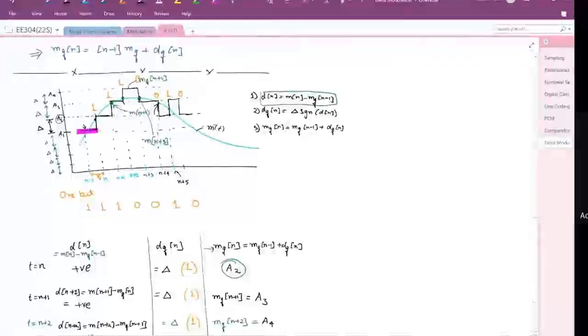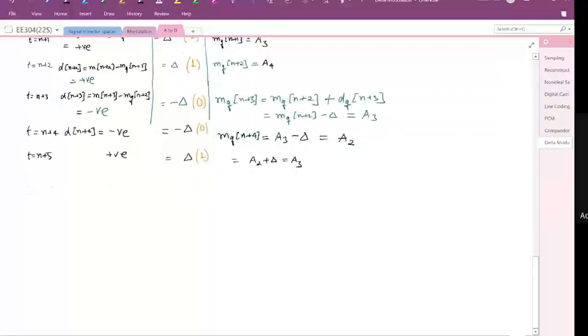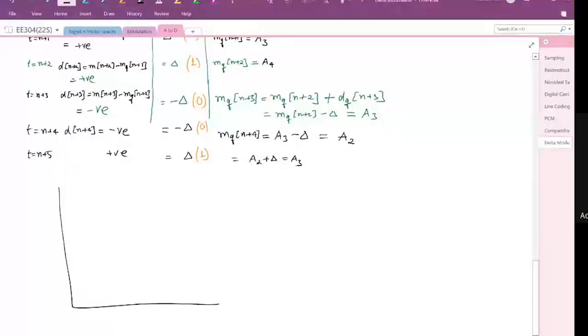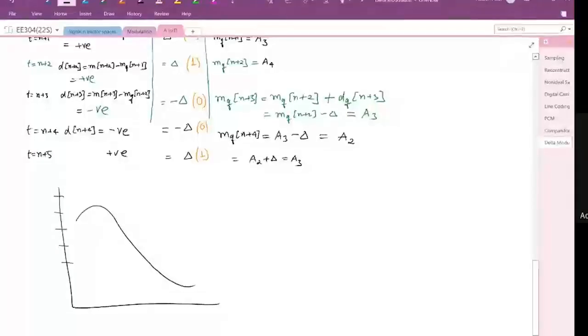The problem is if the signal is changing very steeply, very fast, and we have the step size like this, then the quantized signal will not be able to match the changes in the message signal.